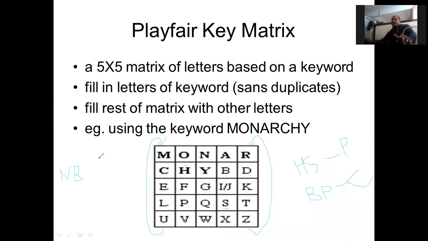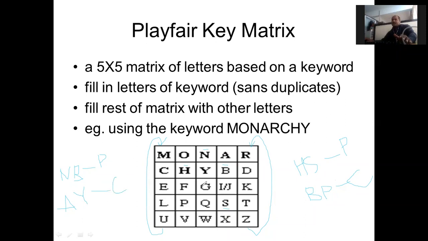So what are the ciphertext characters for this plain text N and B here? So where is the N going to occur here? So the N is going to occur here, and again the B is going to occur here. So for the N, the ciphertext character is the A. And again for the B, the ciphertext character is the Y here. Okay. So these are called the ciphertext characters.